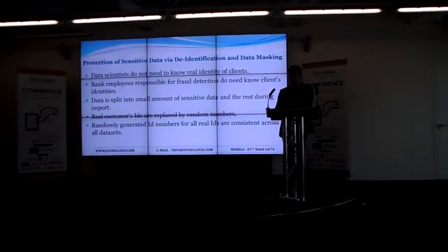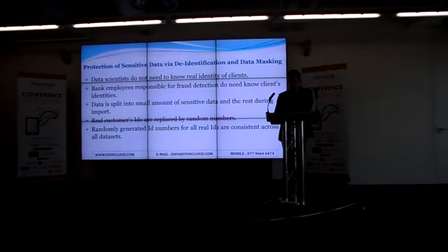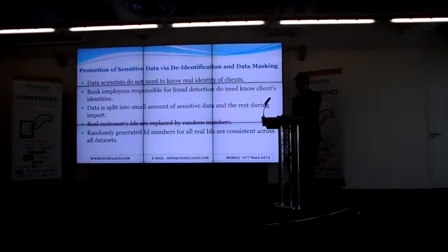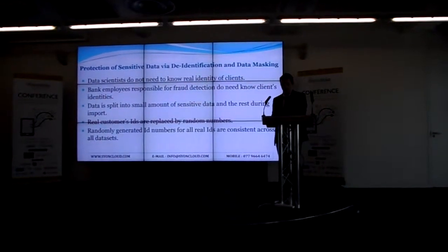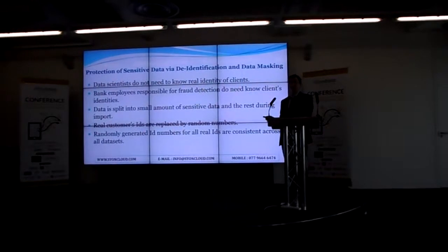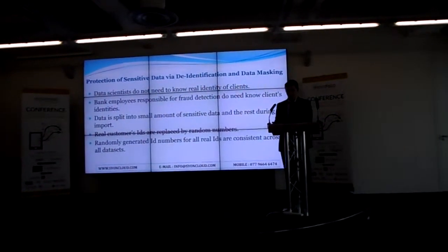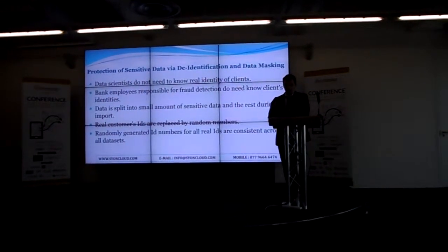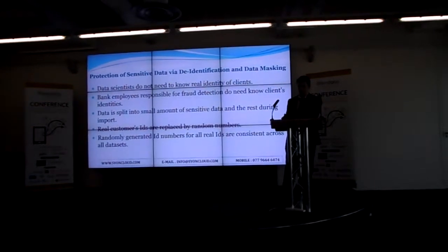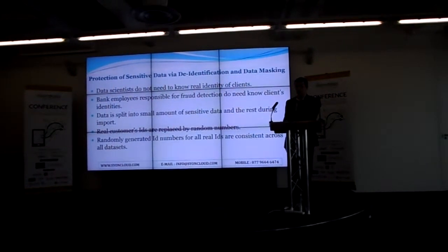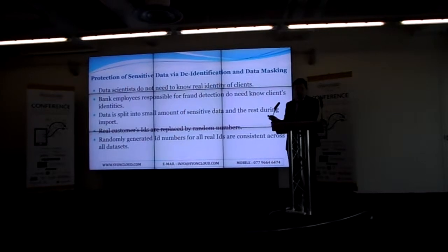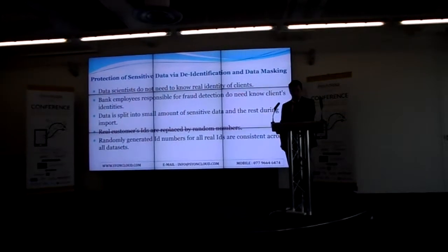Obviously, they don't need to know the real credit card numbers. On the other hand, bank employees responsible for fraud detection, those people who will call you that something is wrong on your account, or people who make offers to certain customers, do need to know the real identity, real telephone numbers, addresses, and credit cards.